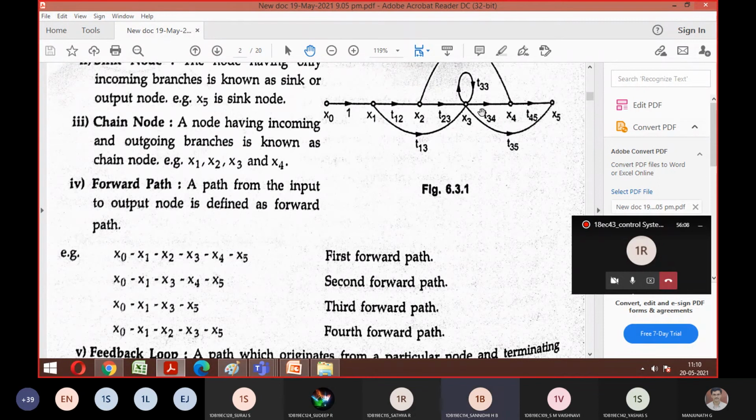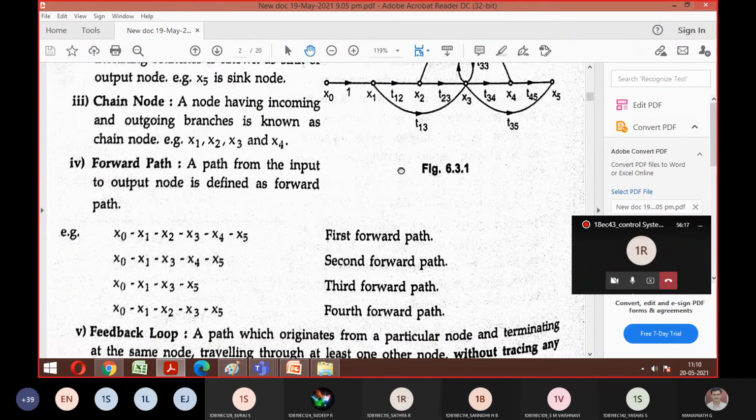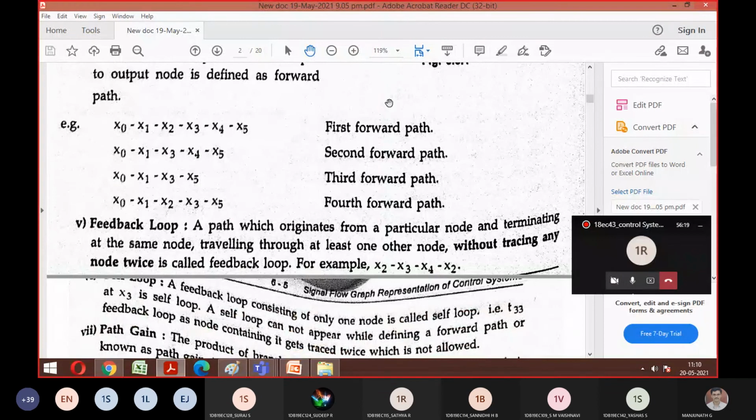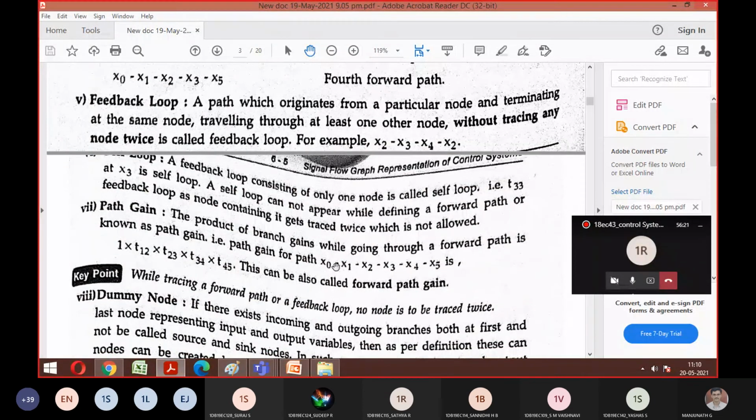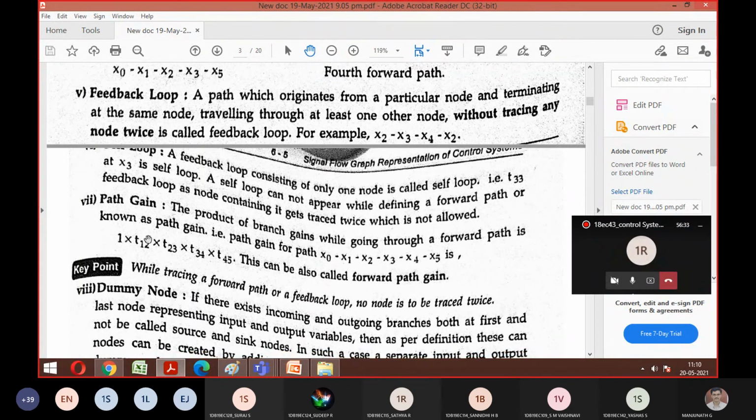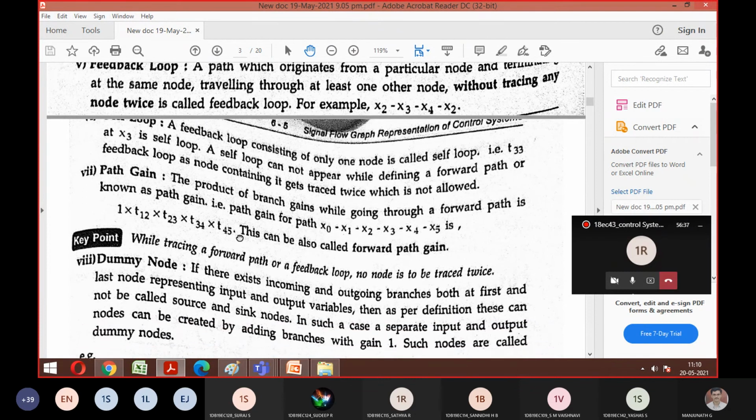Yes, sir. That is why only the first is chosen for path gain. The path x0, x1, x2, x3, x4, x5 is traced only once. If you go with the remaining forward paths, they touch some of the nodes, hence the path gain is taken only for the first one. Is it okay? Shall I move on to the next one?